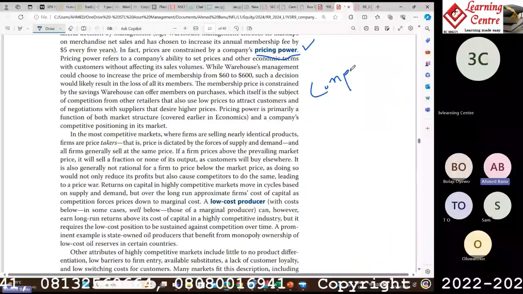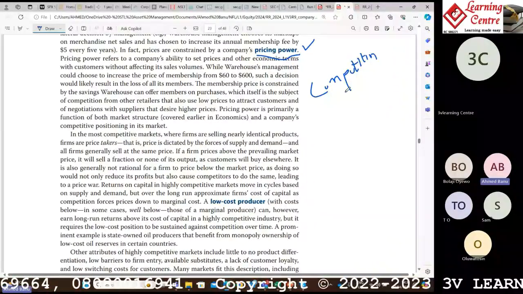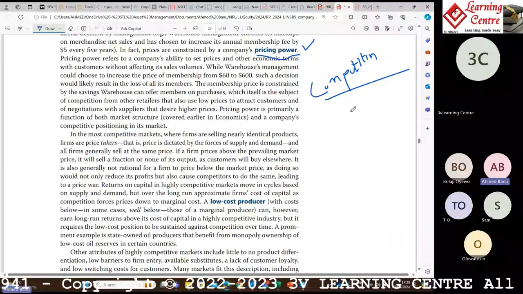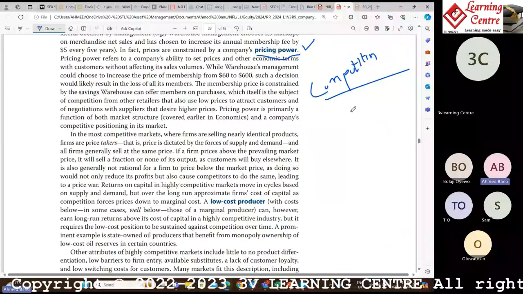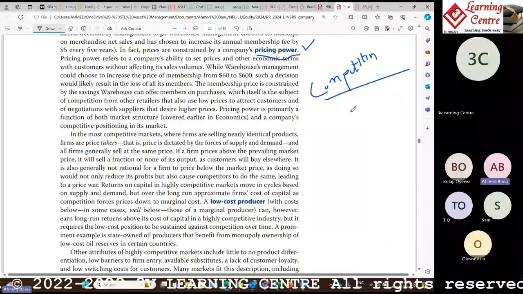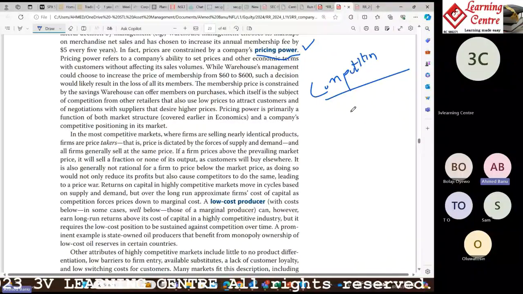So competition has a way of affecting pricing power. In most competitive markets where firms are selling nearly identical products, firms are price takers. That is what is happening in the downstream fuel stations. That is, price is dictated by the forces of demand and supply.